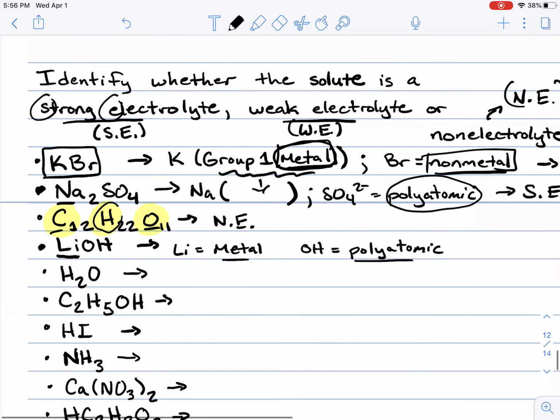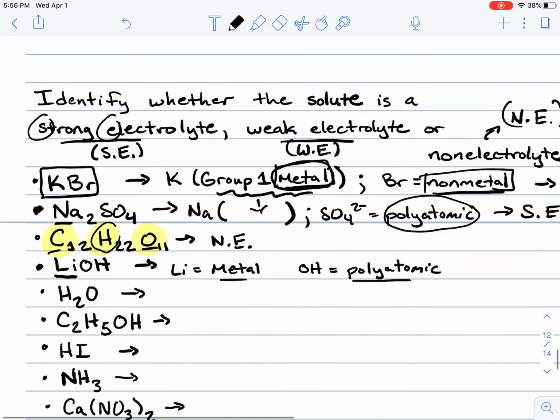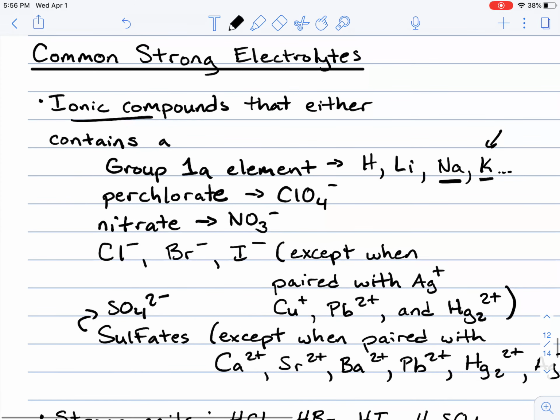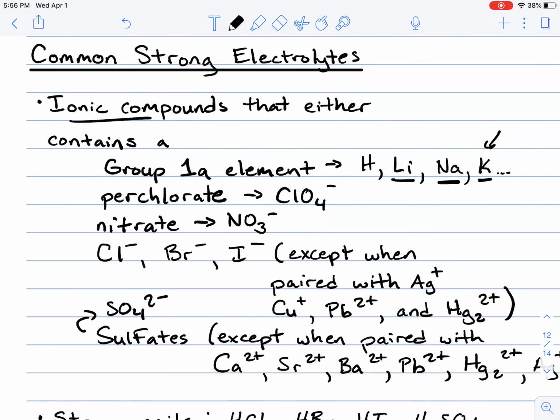And since it's an electrolyte, we need to determine if it's going to be a strong electrolyte or weak electrolyte. We can look at the list for strong electrolytes, and we see lithium present.